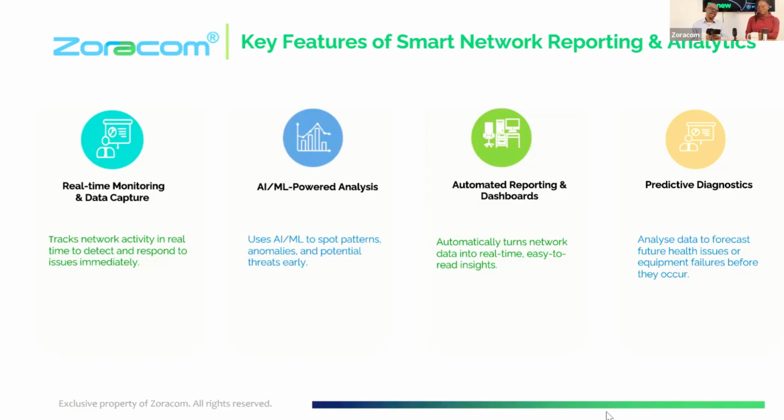Then we also have the automated reporting and dashboards. These are also key because they automatically turn network data into real-time reports which are easy to read. Then we have the predictive diagnostics.